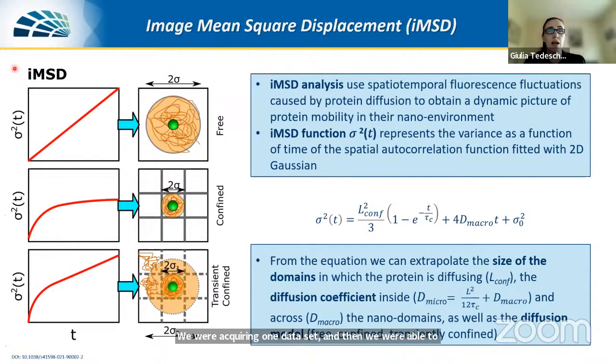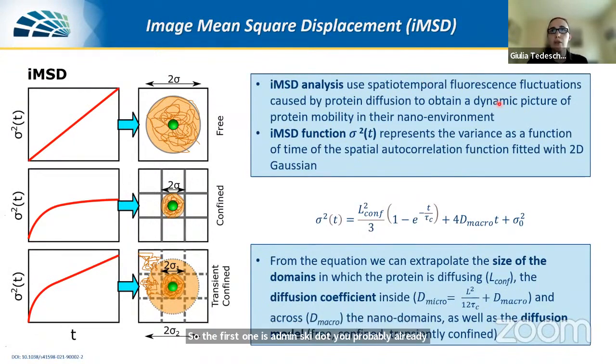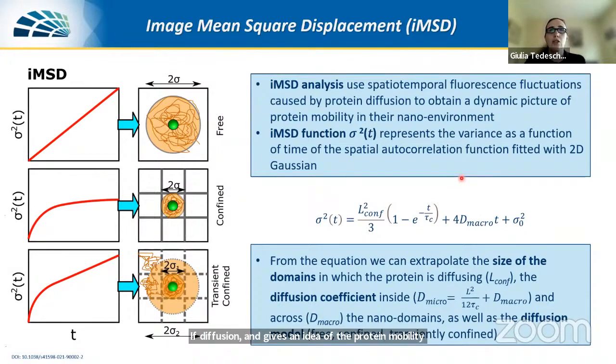The first one is MSD, that you probably already heard about. This analysis uses spatial temporal fluorescent fluctuation caused by protein diffusion, and gives an idea of the protein mobility in the nanoenvironment. From this function, you can get different kinds of parameters. In particular, you can get the length of confinement, which means the size of the domains in which a protein is diffusing.